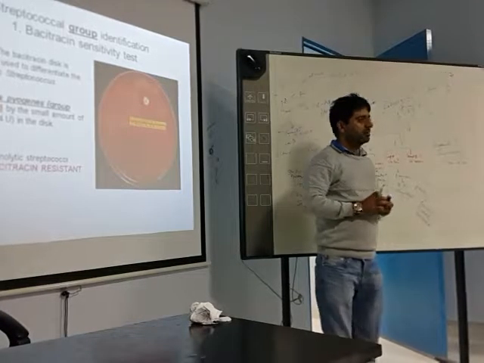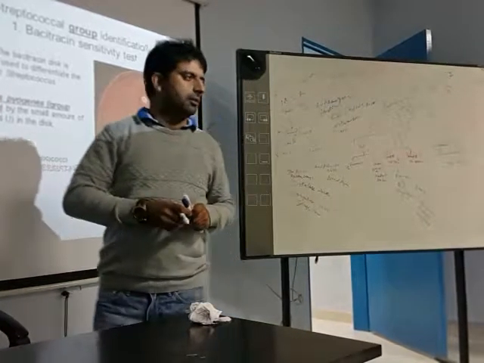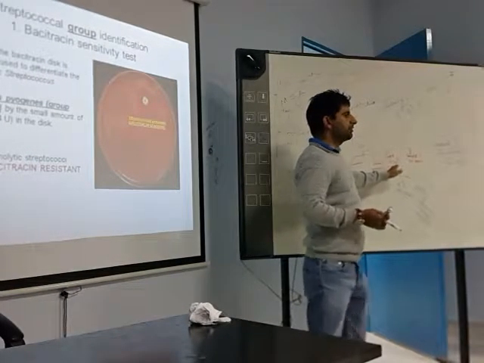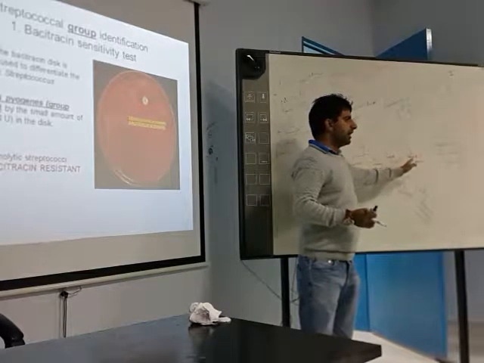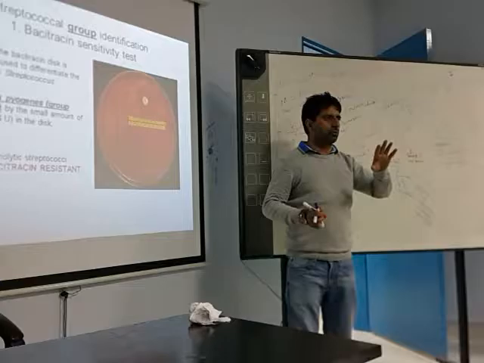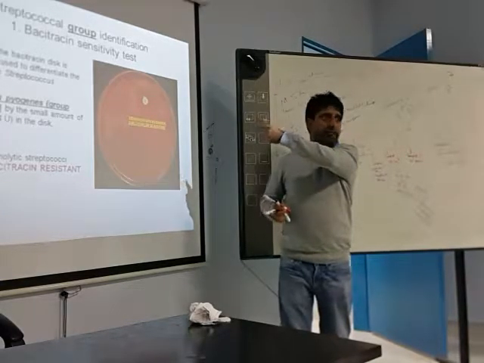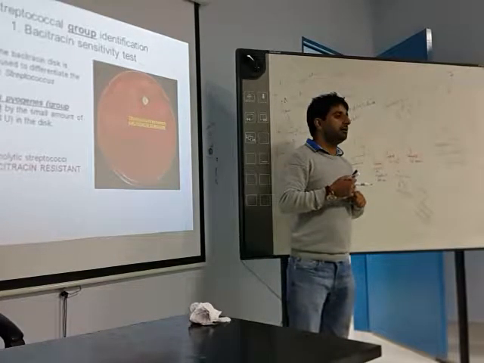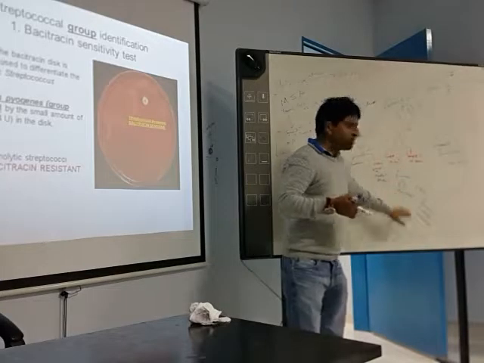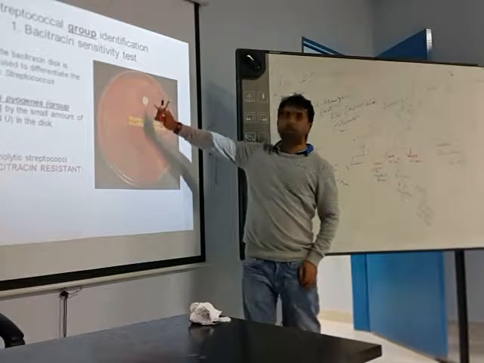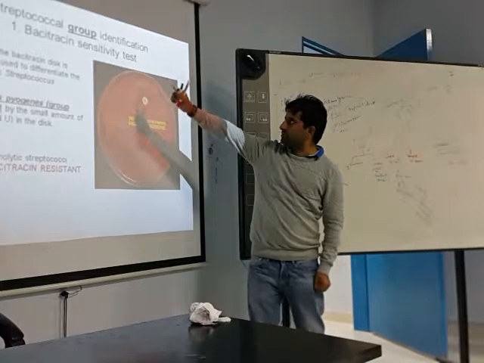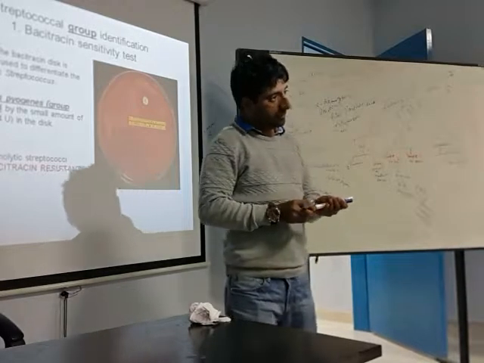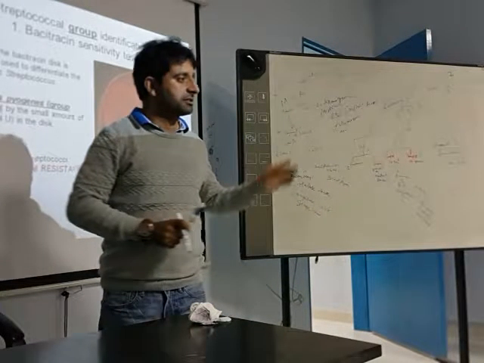You understand this slide? Yes, it's easy. We are here to differentiate between beta hemolytic Streptococcus pyogenes and other beta hemolytic Streptococcus on the blood agar. When you do the bacitracin test, there is no growth. It inhibits the growth of Streptococcus pyogenes, and the rest are resistant. Like coagulase and the rest, but here it is a sensitivity test.